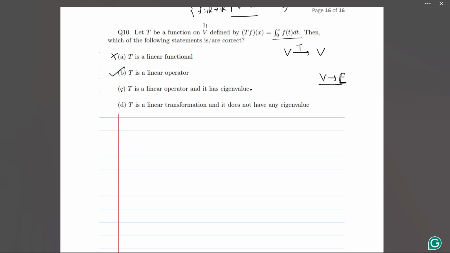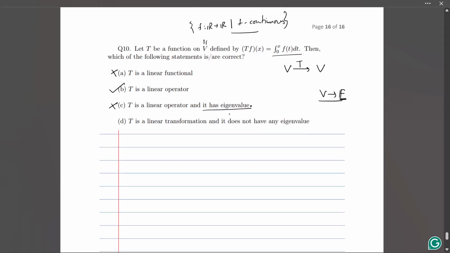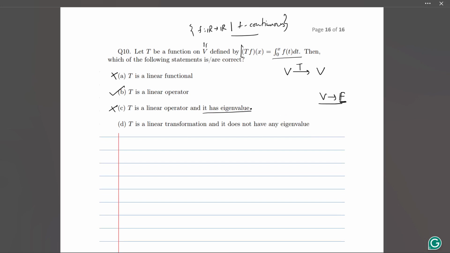Good. It is a linear operator, and does it have an eigenvalue? This is what I discussed before the class, and it was also discussed inside the classroom. So this is failing. It has no eigenvalue, right? This is how it is defined. I had shown this part: it has no eigenvalue.